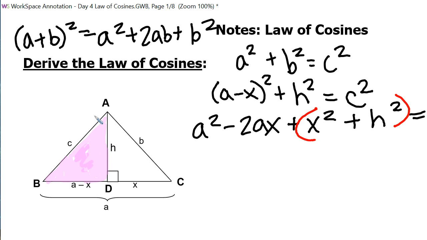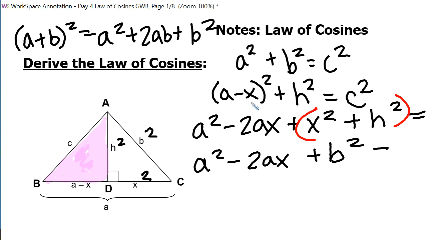Let's see, if I had x squared plus h squared, that would be equal to b squared. So instead of x squared plus h squared, let's replace that with b squared. So that would be a squared minus 2ax. Instead of x squared plus h squared, I'm going to put b squared equals c squared.